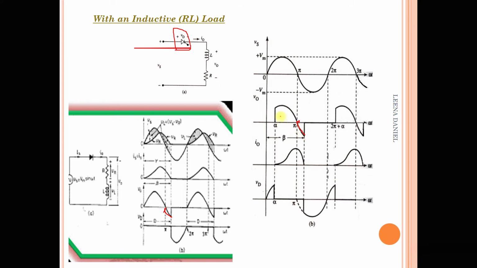Why is that? Because of the property of the inductor: current never goes down immediately to 0 in an inductor. Some amount of energy exists in the inductor, so the current continues flowing through the inductor.